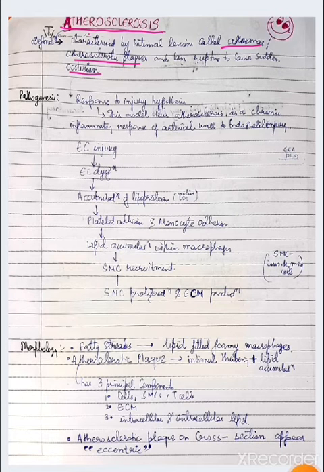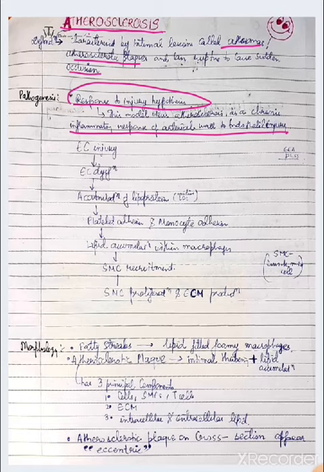Now, the pathogenesis of atherosclerosis, very important. The response to injury hypothesis views atherosclerosis as a chronic inflammatory response of the arterial wall to endothelial injury. So let's see the pathogenesis.